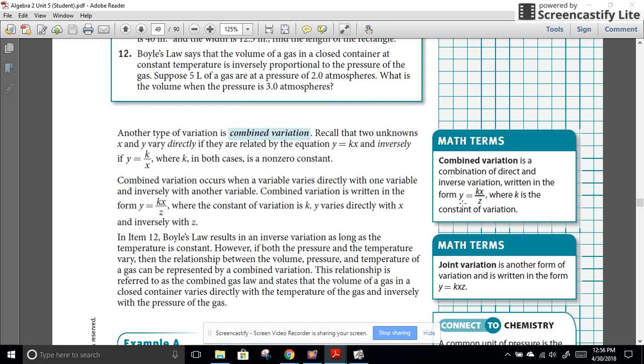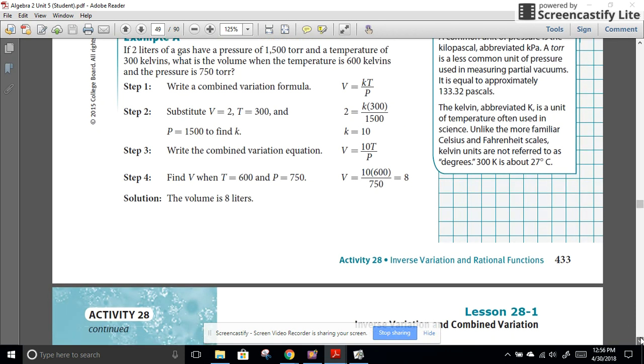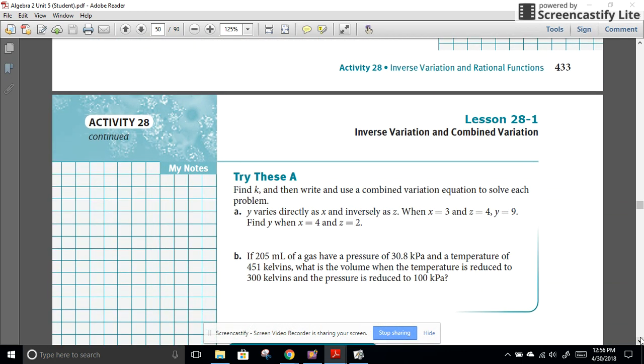Same kind of thing is going to happen though. We're going to read a problem, set up the equation, plug in numbers and work the problem. Okay, so let me see if we have an example to work.